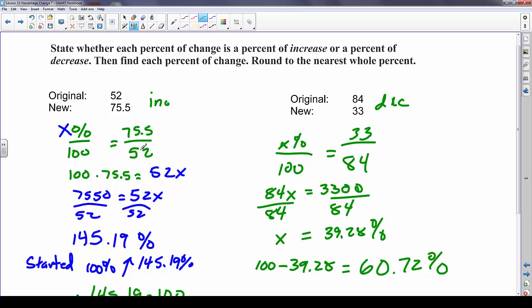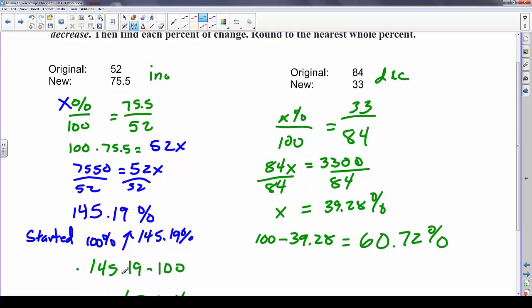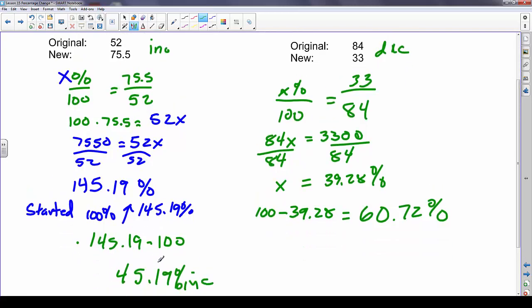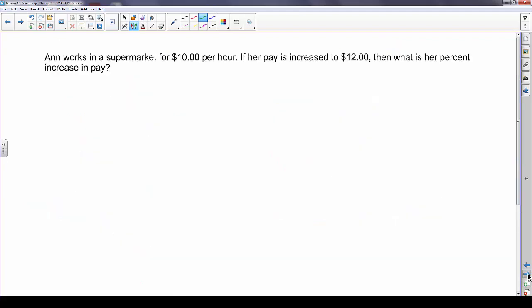And if I were to double this, this would be about, what, 104? 75 is about halfway there. So if doubling is 100%, half of 100% is about 50%. So that was a 45% increase. Makes sense. You've got to kind of look at your answers in the end and ask yourself, does it make sense? So here are some word problems.